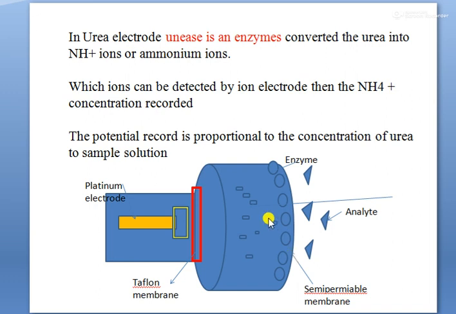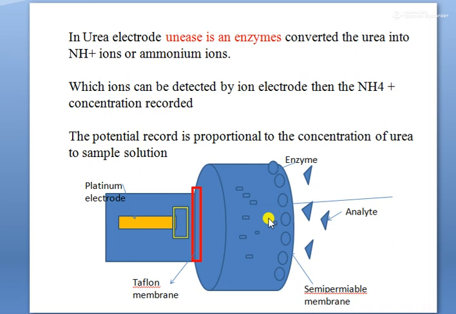Let's see a specific mechanism of a specific electrode, that is the urea electrode. In the urea electrode, urease is the enzyme used as the biomolecule or biological molecule in the biosensor. In the urea electrode, the enzyme urease converts urea into NH4 plus ions, or ammonium ions.